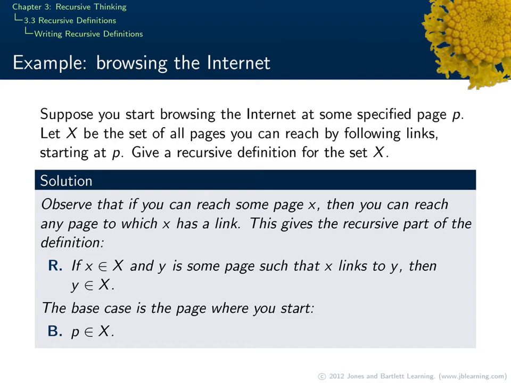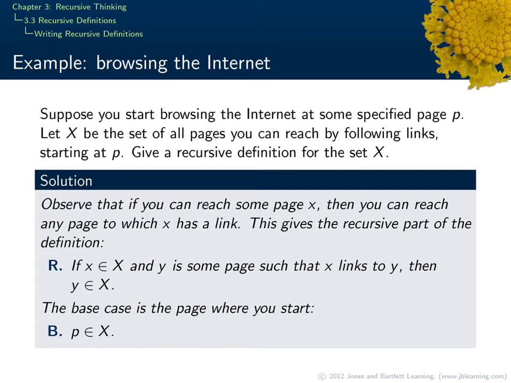Okay, well, now that you're back, you might have realized that this set X is very much like the Kevin Bacon set, right? Where our beginning page P plays the role of Kevin Bacon. So our simplest object is the page P itself.